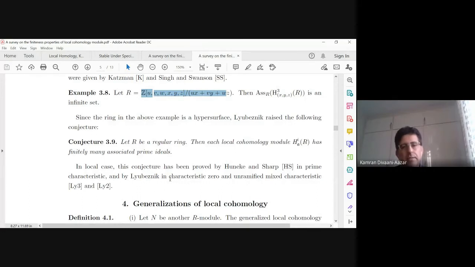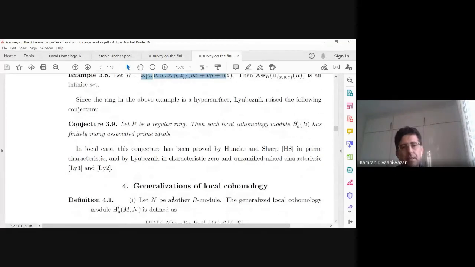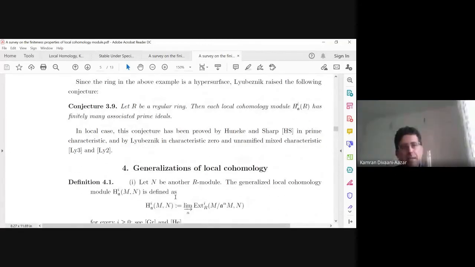So the case that remains in the local case is local regular rings of mixed characteristic when they are ramified. Even in this case, there are some special cases where the conjecture has been proved.